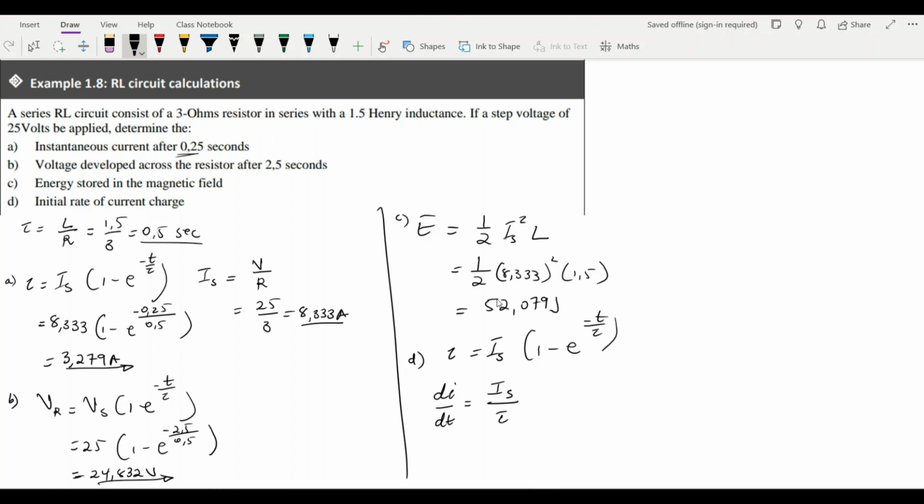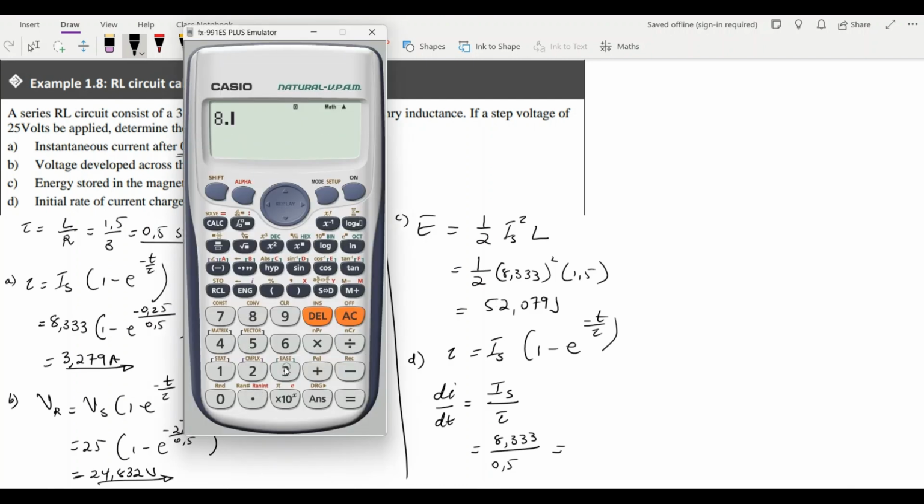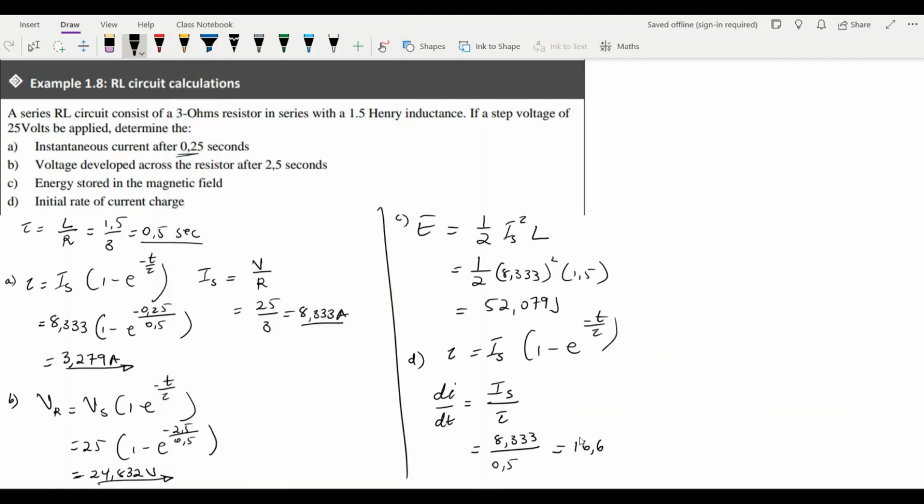So just move immediately to that and substitute 8.333 divided by your time constant, which is 0.5. This should give you 16.666, the initial rate of charging.